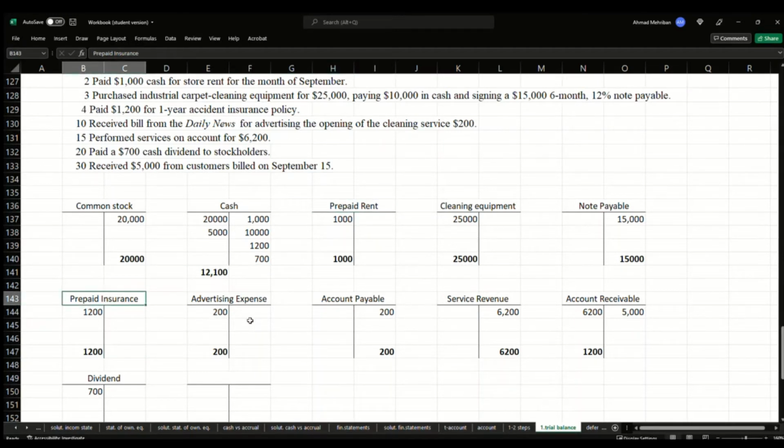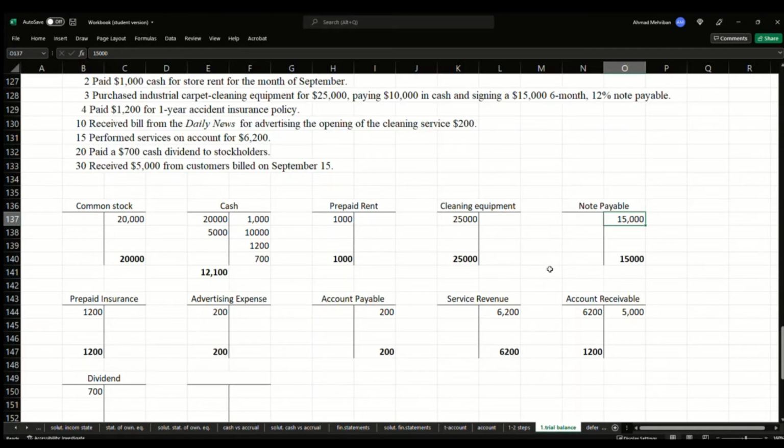Let's see what else. In this example here, we had $15,000 in note payable, but we also have 12% on that note payable. So we will also have to make adjusting entries addressing the issue of that 12% interest expense and payment of that interest.